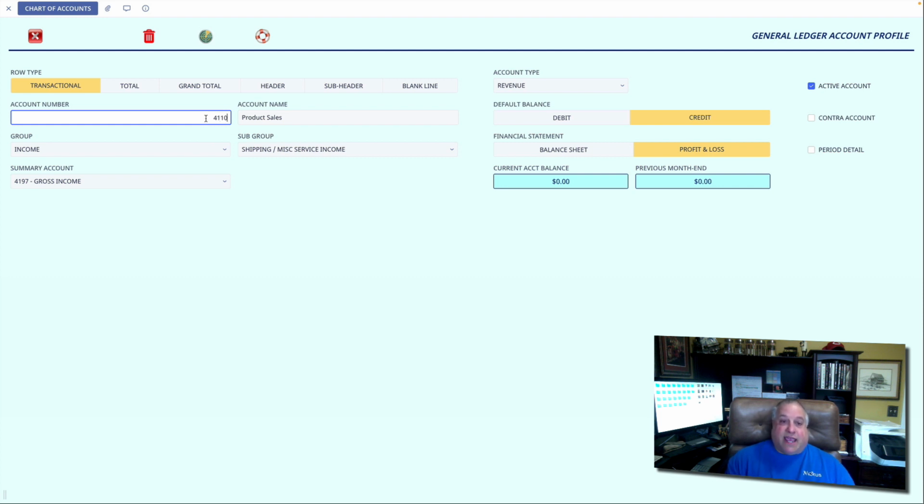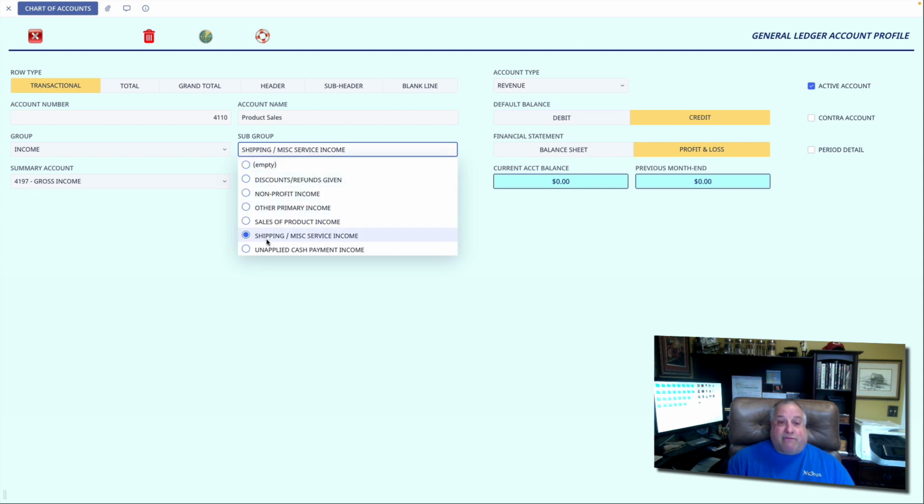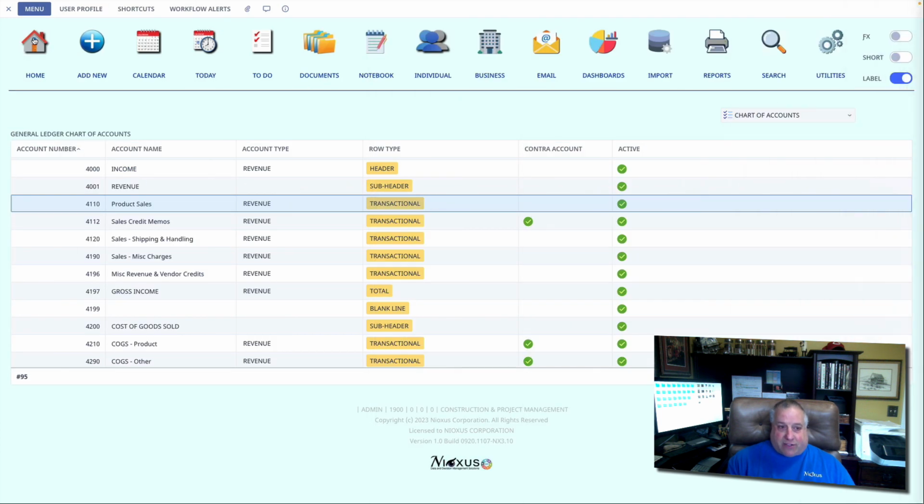But again, this is a sales account called product sales. It is part of the income group, and within income, we have the subgroup. And since this is a product sales account, we will say that this is of the subgroup sales and product income. This product sales transactional account rolls up to our gross income account.